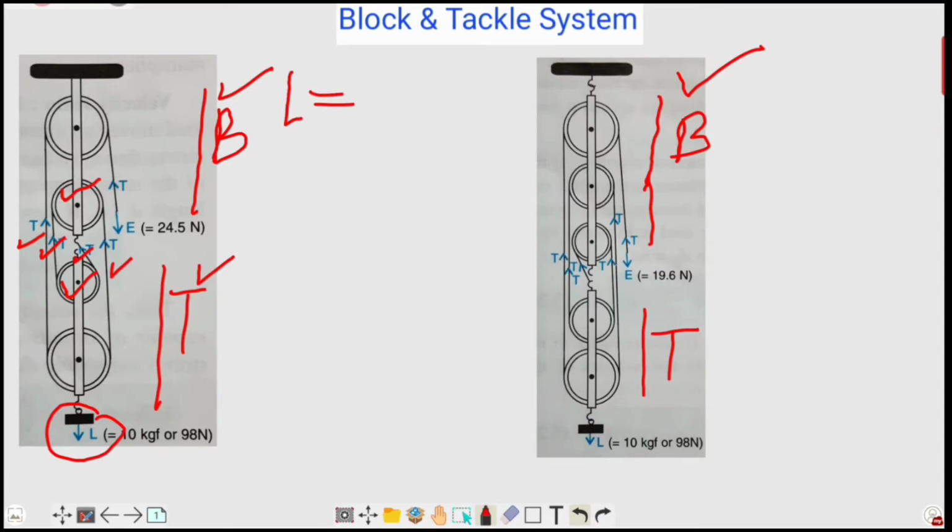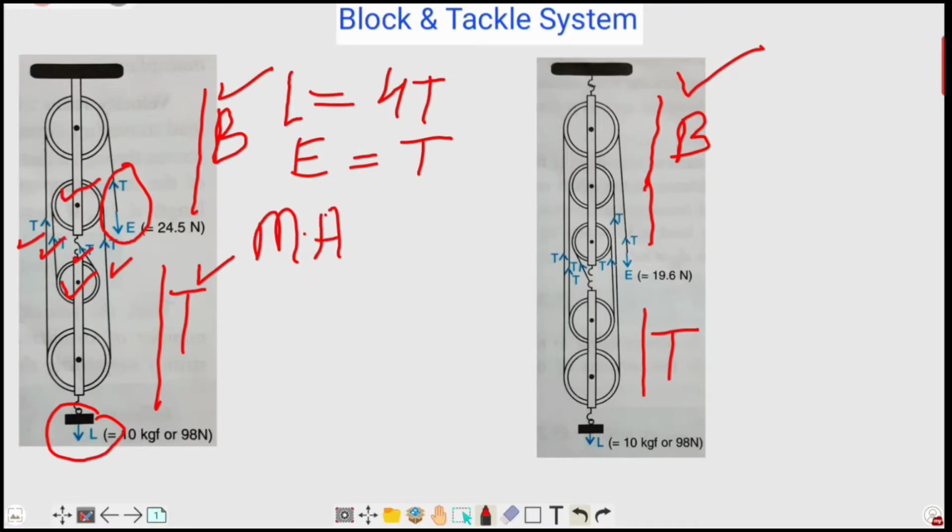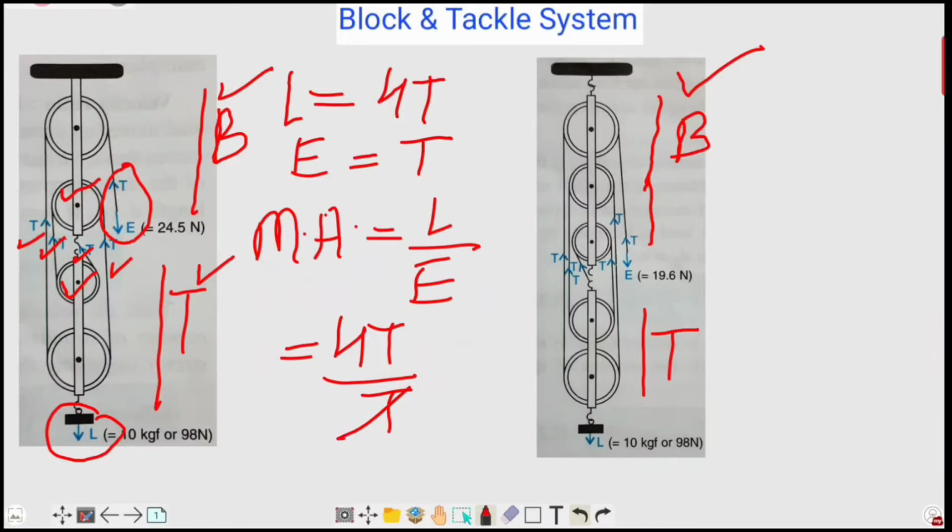So your load is 4T, but the effort, that is the free end, is supported by one segment, so the tension will be T. And you know that MA is load upon effort. So when you substitute these values, you will get 4 only.